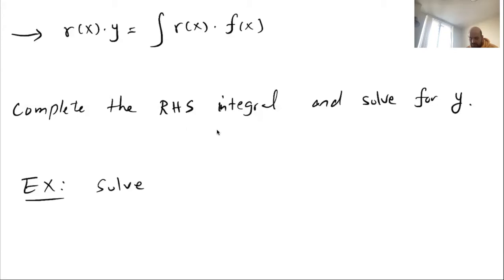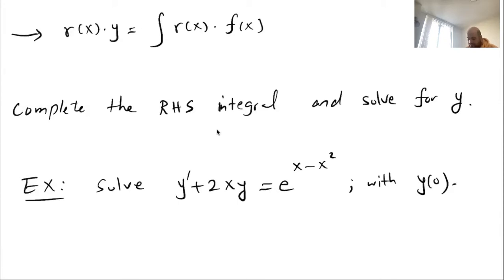Solve y prime plus 2x times y equals e to power x minus x squared, with y of 0 equals minus 1.